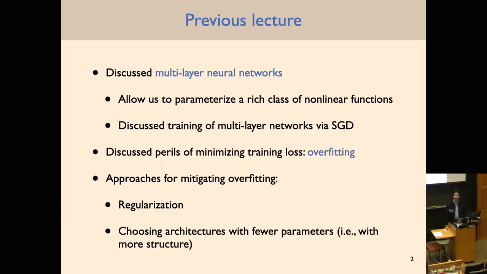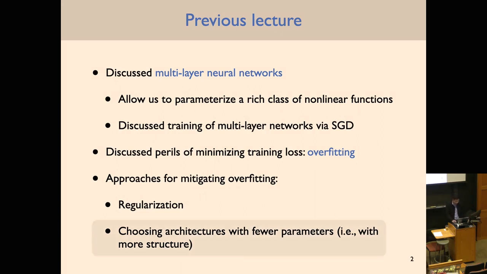And then I discussed two classes of approaches for dealing with this problem of overfitting. So we talked about regularization in the previous lecture, where you augment your training loss with an additional loss, a regularizer, which encodes Occam's razor. So you try to find functions that are simple in some sense, while also minimizing your training loss.